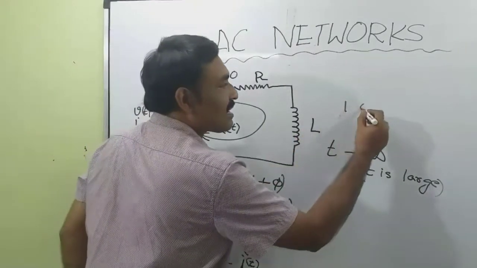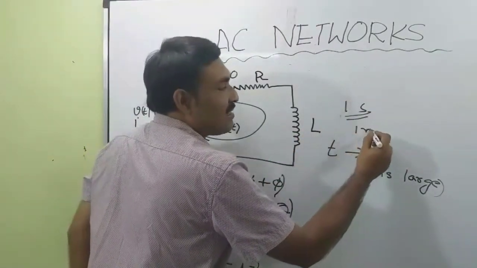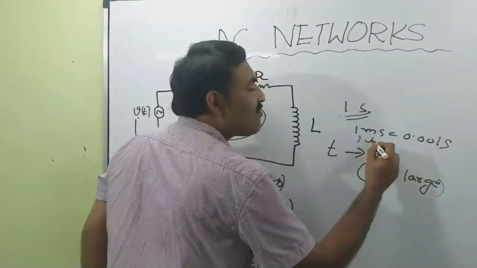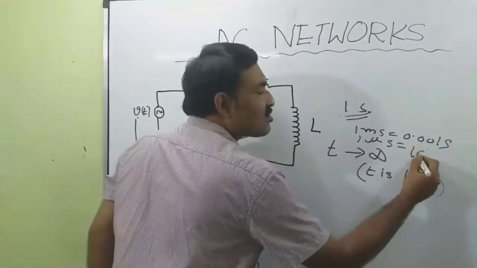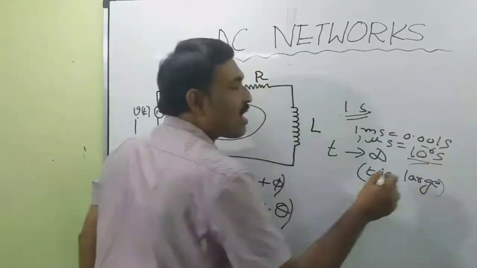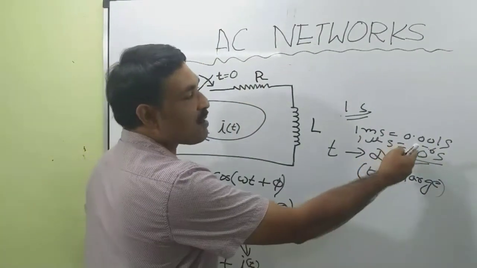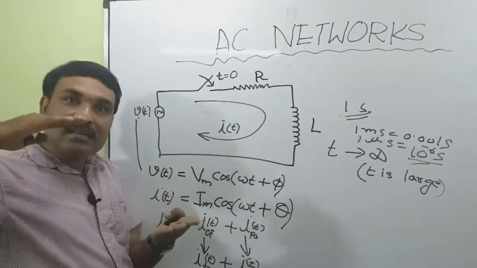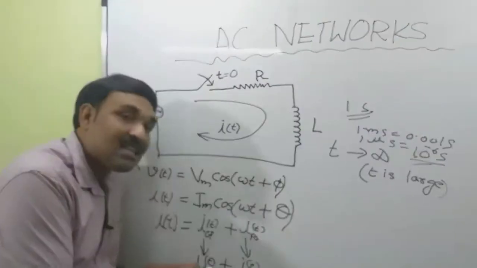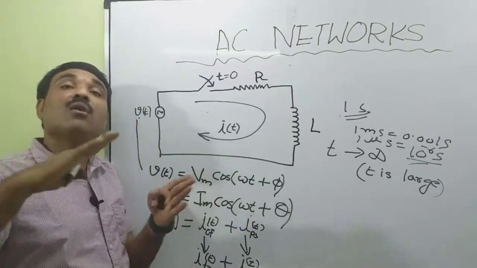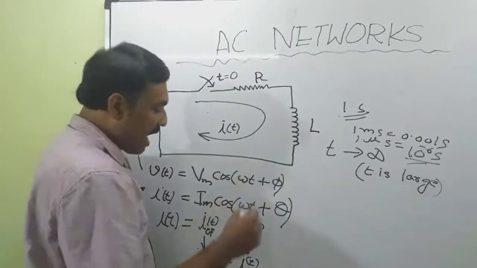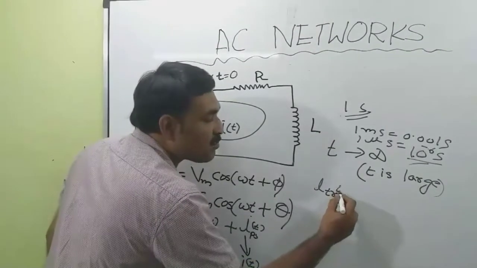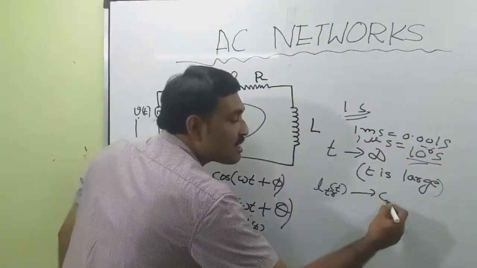So 1 millisecond is equal to 0.001 second, and 1 microsecond is equal to 10 raised to minus 6 second. As compared to 10 raised to minus 6, 10 raised to minus 3 is large. So infinity means the time for this transient response to become 0 or completely die out. So as t tends to infinity, the transient response tends to 0.